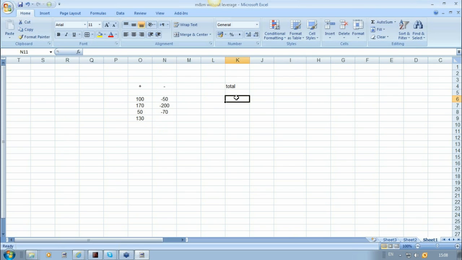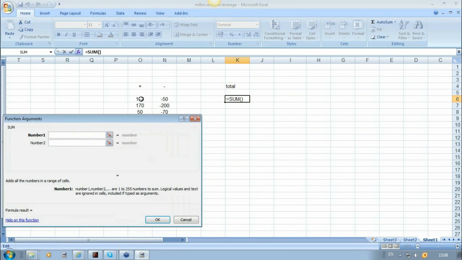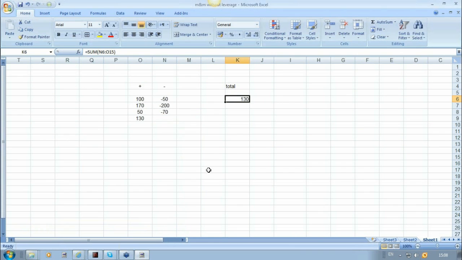And there is a total, which will be the sum of those, okay?